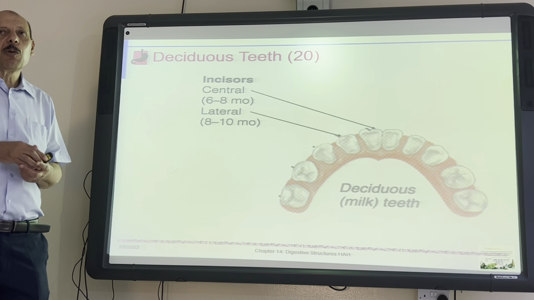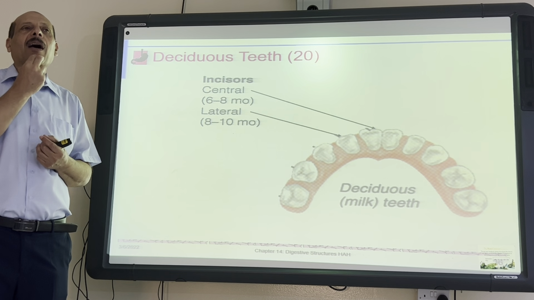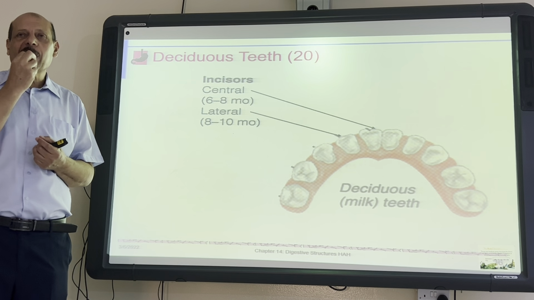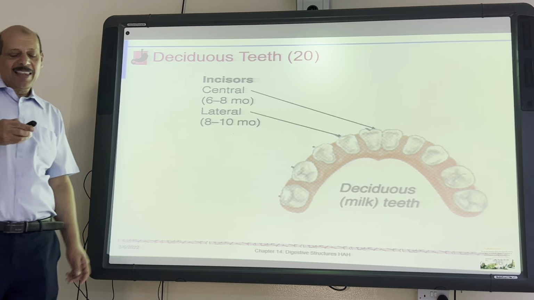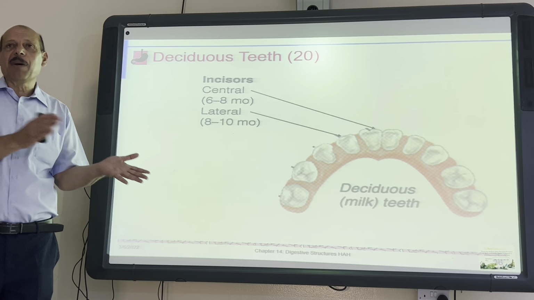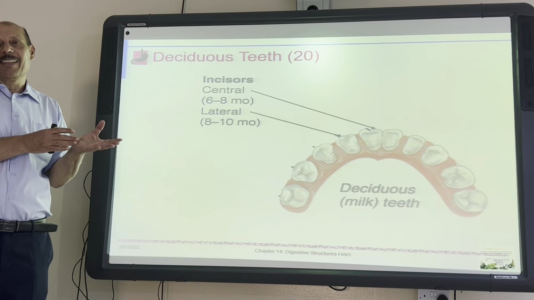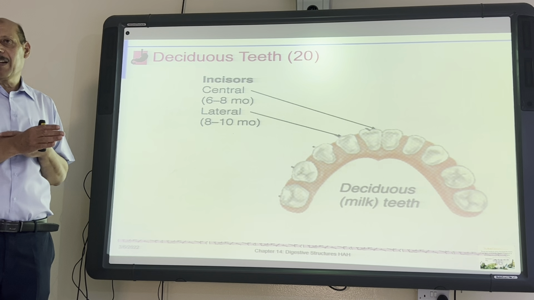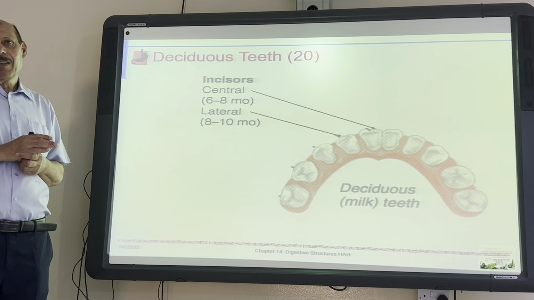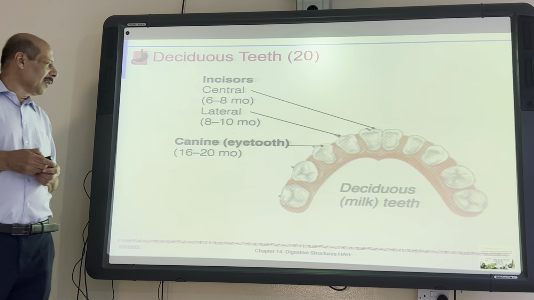But mostly, you will see that 2 teeth, either up or down, will come for the small infant at the age of 6 months. Some of them might start to erupt their teeth a little earlier. Some of them might erupt after 8 months.